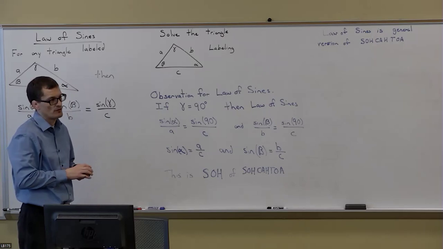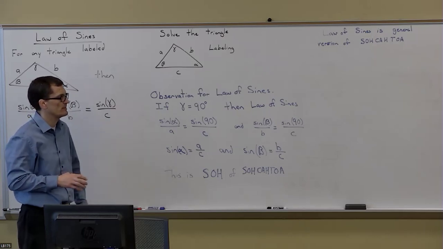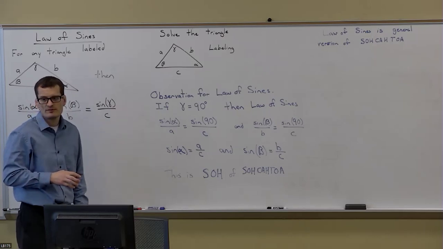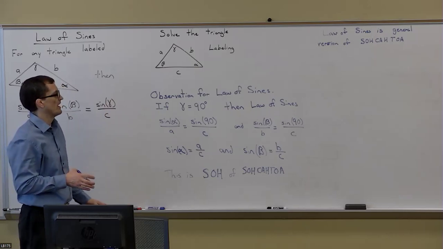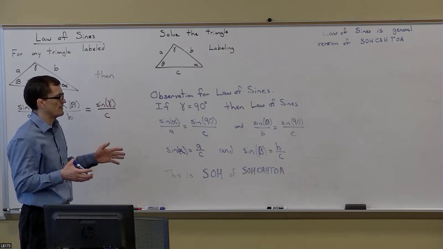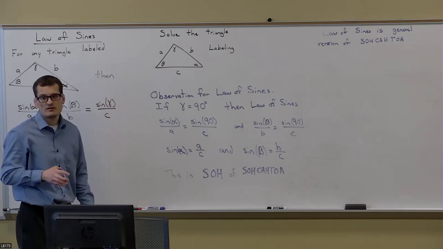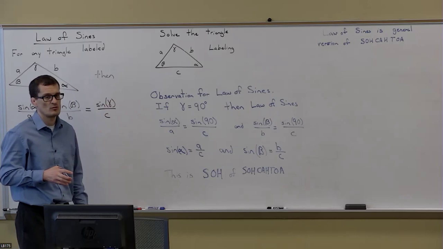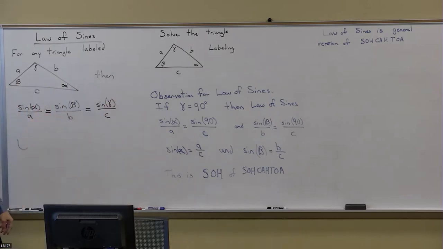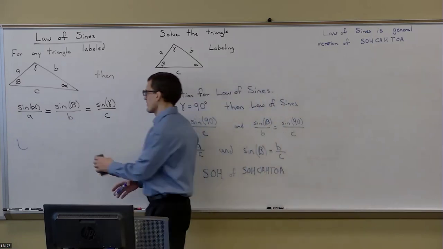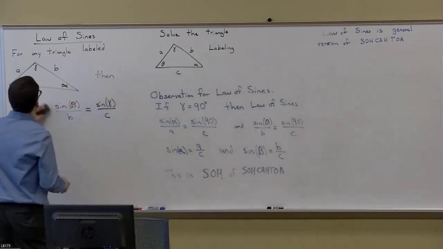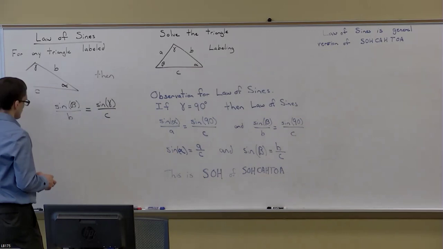Again, I'm not going to go through all the algebra. That will take a minute, but that's what I want to point out. So, from the law of sines and letting one of your angles be 90 degrees, you can get all the SOHCAHTOA equations. So once you know this, you can show SOHCAHTOA. All right.